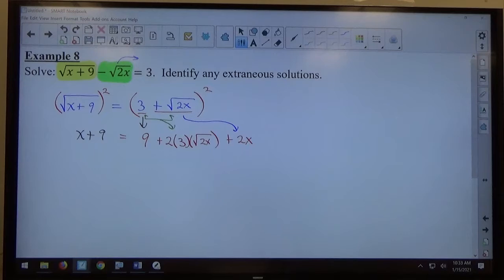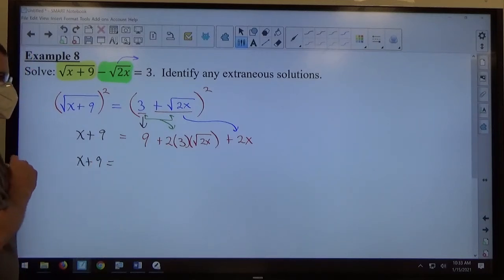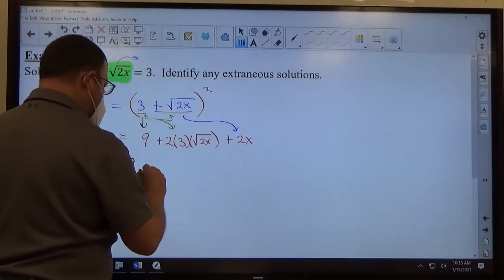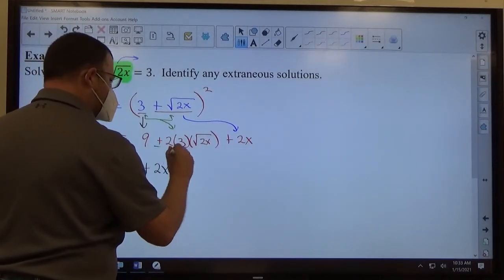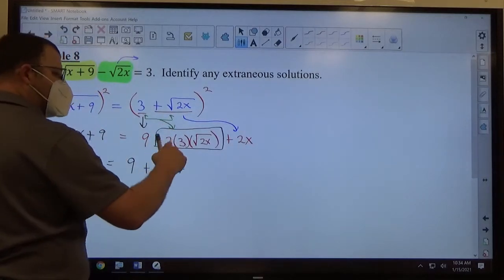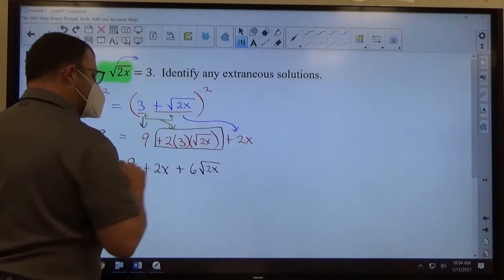Next thing is to beautify this as much as possible. I want to add like terms, simplify stuff, whatever. So I've got my x plus 9 kind of hanging out while the right-hand side is being fixed. 9 is the only constant. 2x is the only x. And this product here is just going to be positive because everything's positive. 2 times 3 is 6 outside the radical, square root of 2x inside the radical.